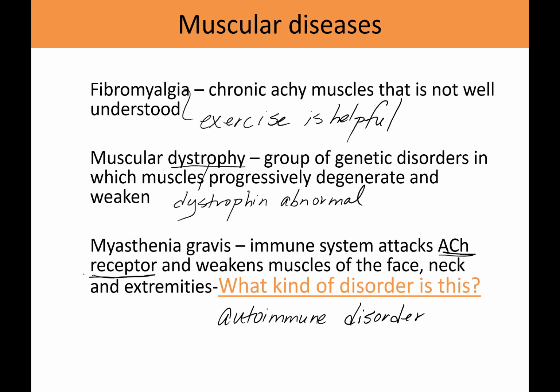And so people with myasthenia gravis usually have very weak muscles of the face, the neck, and the extremities. Again, this is what we call a hypersensitivity, because the immune system is overreacting and thinking that this acetylcholine receptor is a foreign invader.